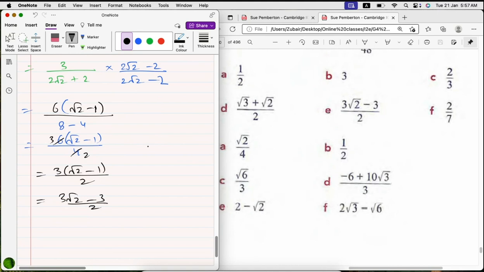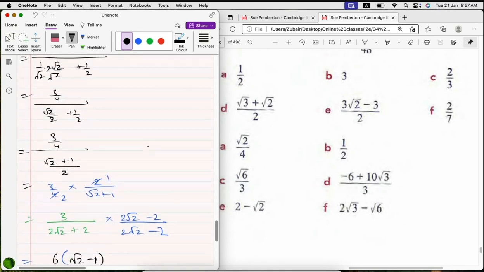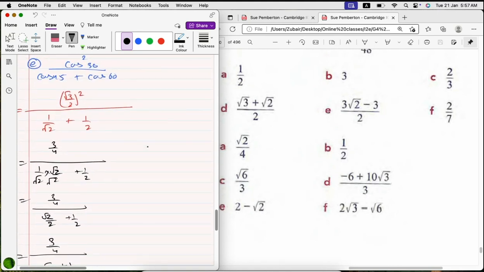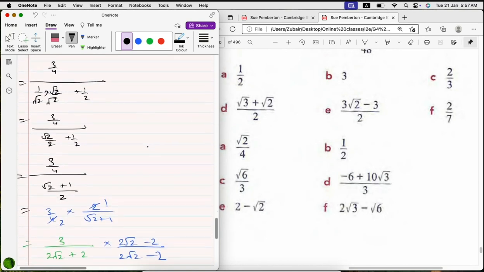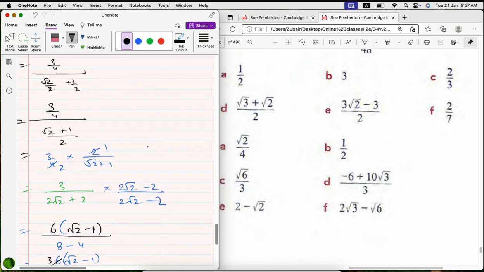Yes, sort of. So when I was doing it, I also rationalized it like you did with the 1 over square root 2. And I got square root 2 over 2 plus 1 over 2. But instead of keeping that in mind as square root 2 plus 1, I kept that in mind as square root 2 over 2.